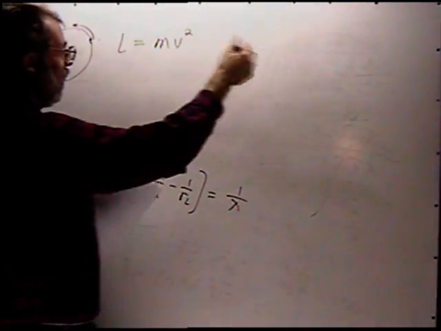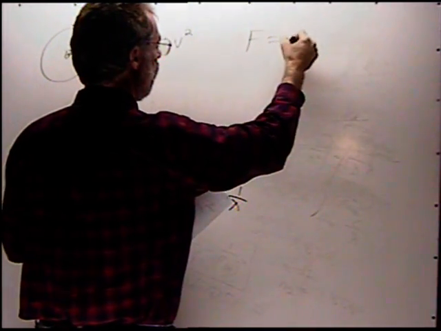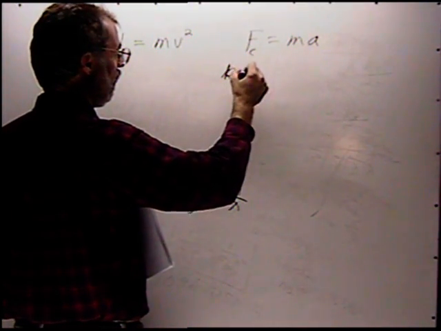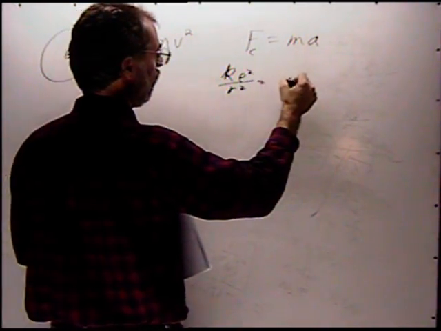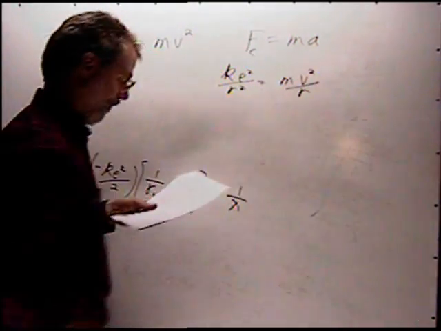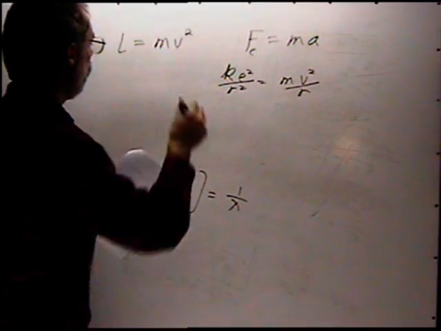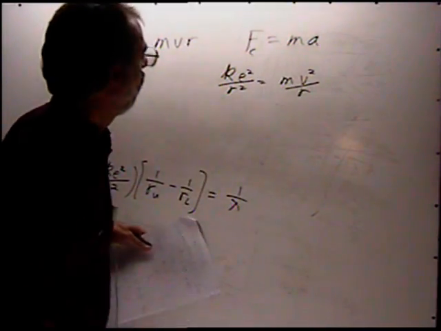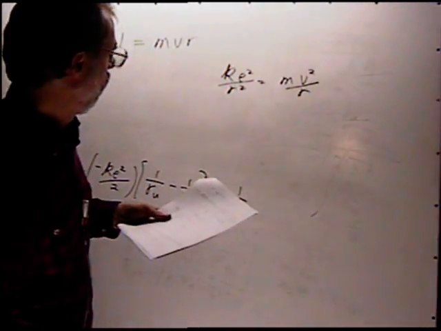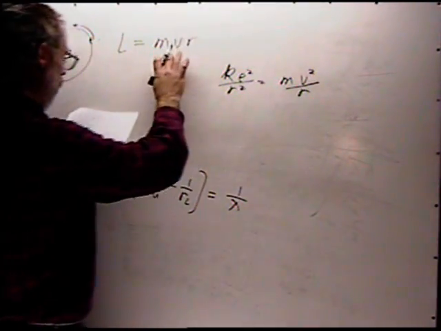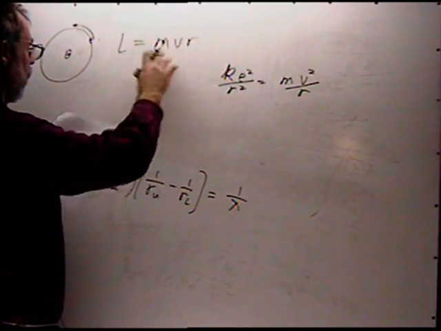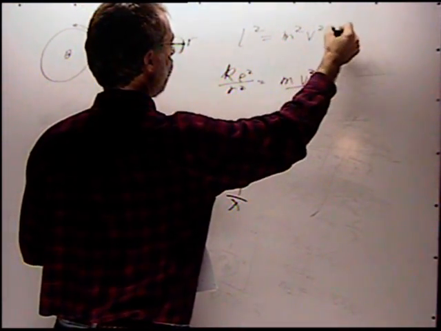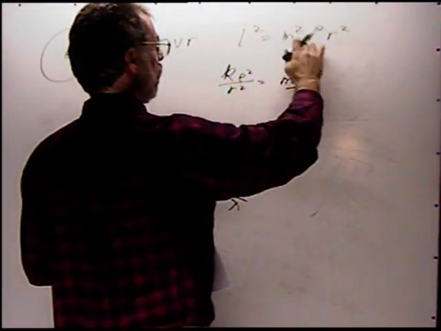So if we have F equals ma, again this is Coulomb's law, this is Ke squared over R squared equals mv squared over R. We start with that, and now we're going to substitute mvr. If we take L squared equals m squared v squared r squared, we're going to substitute this into here.